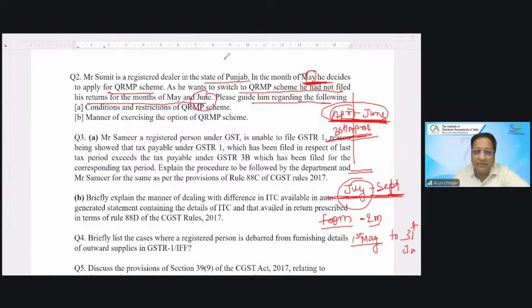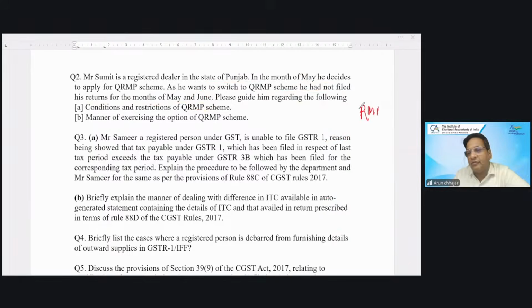Now tell me, in QRMP, what is the return? Which return is to be filed and what is the due date?